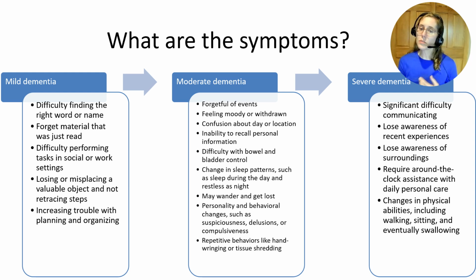So these symptoms may include increasingly forgetful of events, particularly maybe even important events, feeling moody or withdrawn, confusion about the day or the location, inability to recall personal information, including things like your own address or maybe even historical information about yourself like your alma mater, difficulty with bowel and bladder control, change in sleep patterns such as sleep during the day and increased restlessness at night.